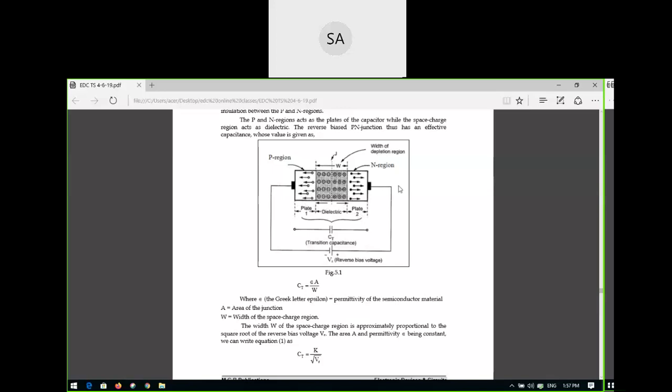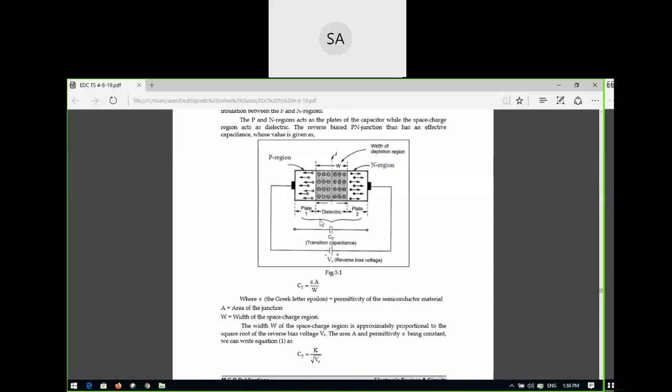And that capacitor's value you can easily vary by varying the supply voltage and junction width. The width of the junction can be varied so that the capacitance value also changes. What is the formula for a parallel plate capacitance? C is equal to epsilon A by D, or W. So what is the W?